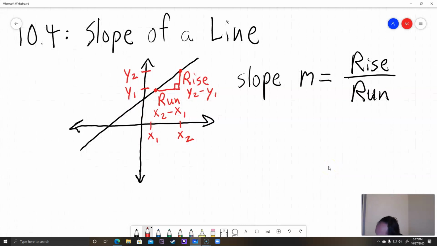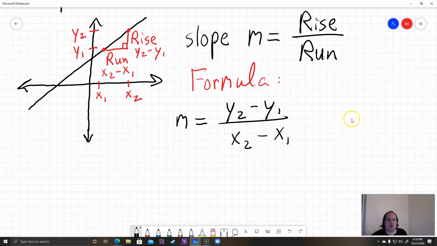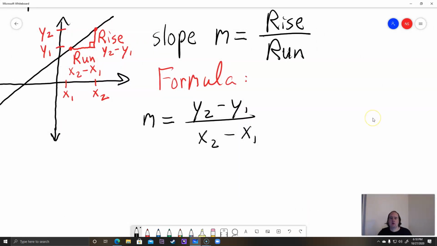So the formula for slope is m equals y2 minus y1 over x2 minus x1. That's the formula for the slope of a line going through the points x1, y1, and x2, y2.